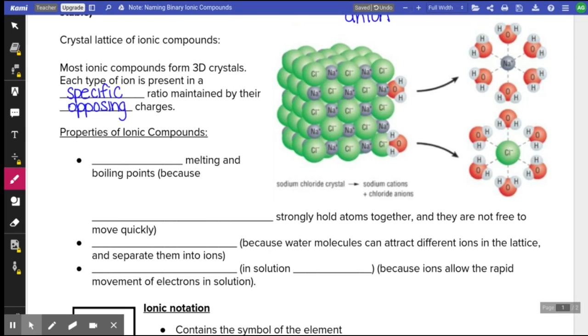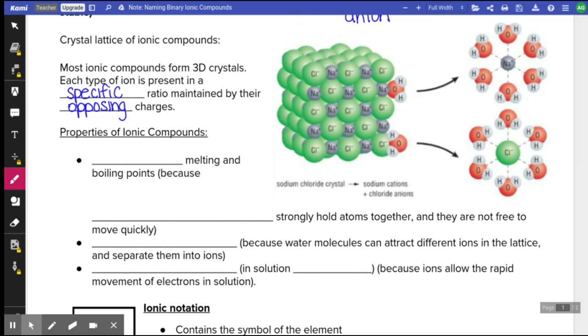If you look at the picture here, you'll see there's a Cl minus. Chlorine has an ionic charge of 1-, and sodium has an ionic charge of 1+. Those two charges are attracted to one another. You end up with chlorine ions that are surrounded by sodium ions because the charges are opposing, and they're attracted to each other, just like a magnet.